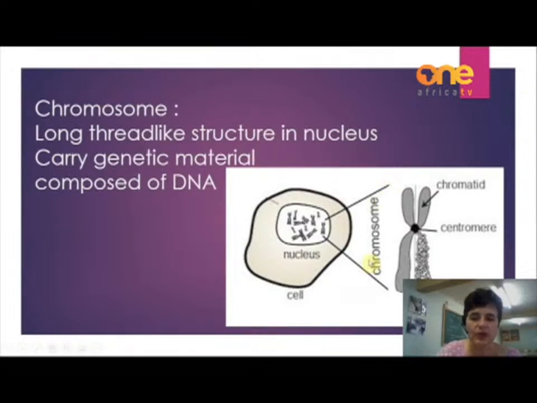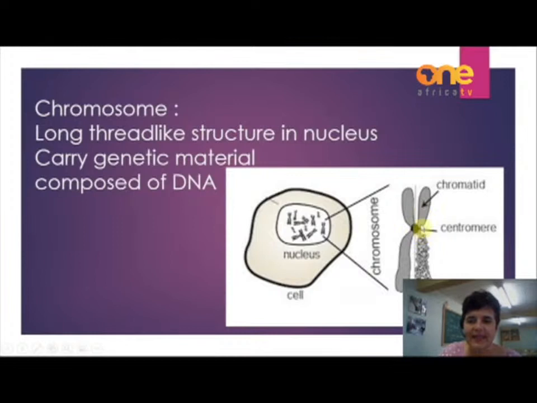A chromosome consists of two chromatids, one chromatid and the other one, they are replications of exactly the same material, so that I actually have two parts with exactly the same genetic code on it.